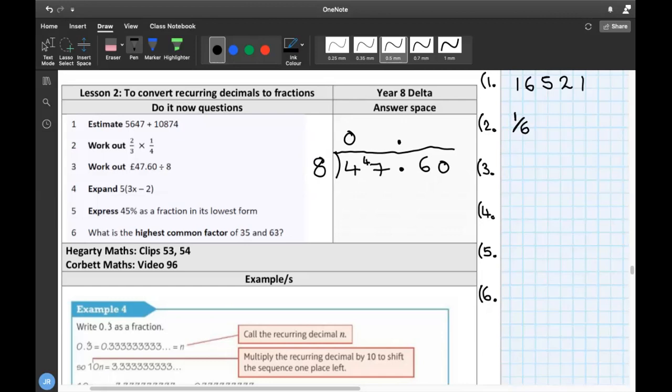Well, 8 times 5 gets us close to 40, and we've got a remainder of 7. 8 times what gives me 76? Well, 8 times 9 gives me 72, so my remainder is 4. I've now got how many 8s go into 40? 5. That goes exactly. We found a monetary amount and it's in pounds, so we need to include those units, and it's £5.95.